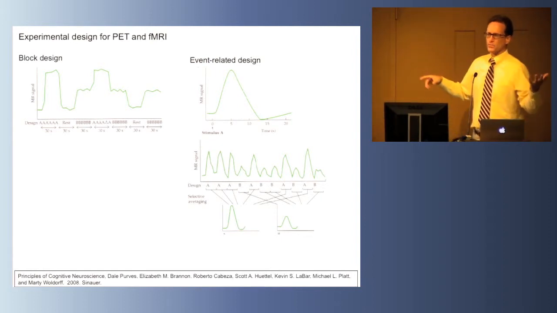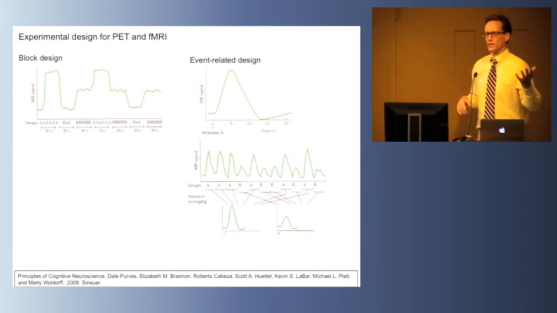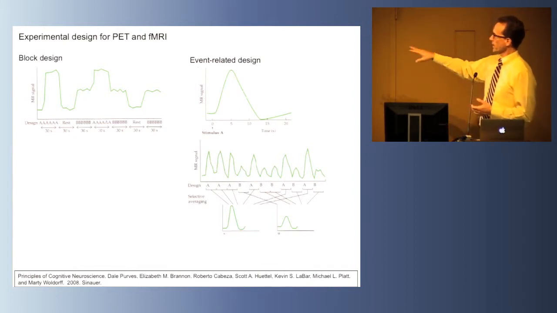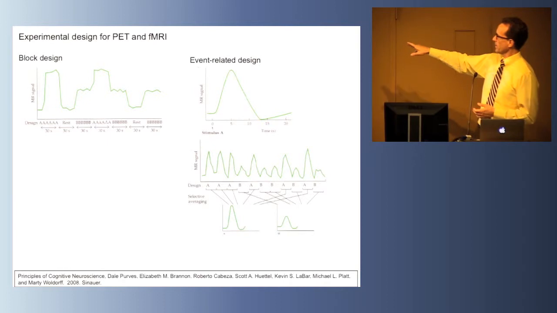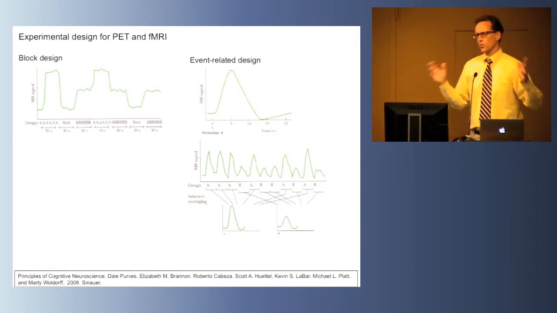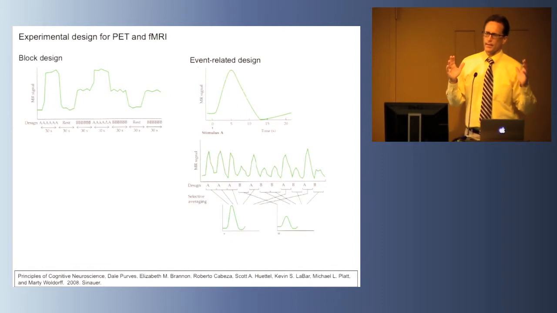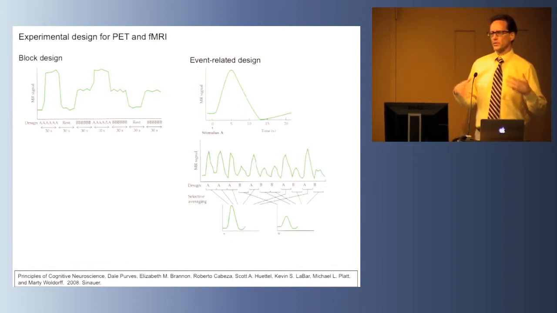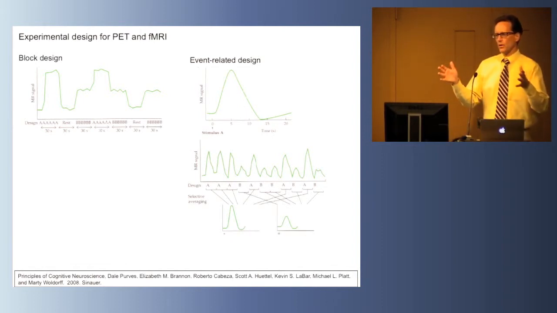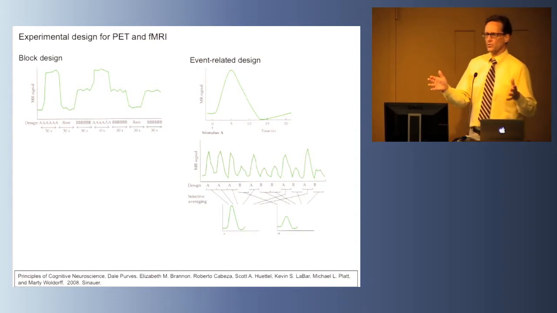which should remind you of the event-related potential in EEG. So we ask the subject to do task A, then B, then A, then B twice, then A, B, A, B. We interleave these tasks more rapidly in time than in the block design, so that the attentiveness of the subject and other extraneous variables are less of an issue.